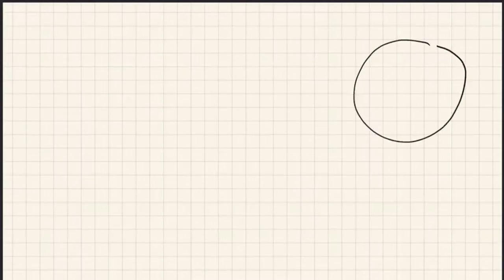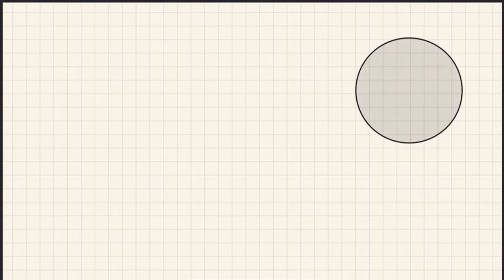Now we have the circle. Okay, it's a little bit different than any other 2D shape. The first difference is that we are not saying there is something called perimeter for the circle. Perimeter is cancelled and we say circumference. It is the same: the length of the line around the shape, which is the circumference.